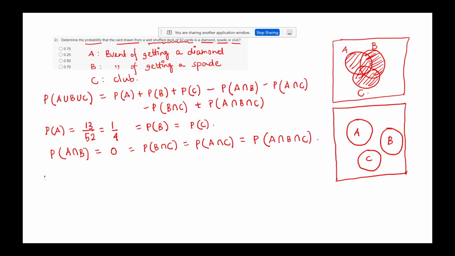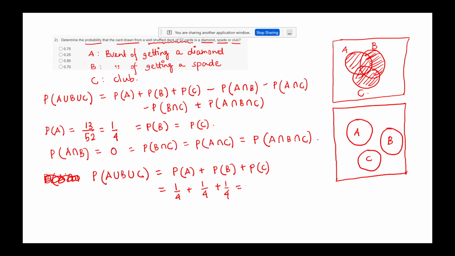So the total probability P of A union B union C becomes P of A plus P of B plus P of C, which is 1 by 4 plus 1 by 4 plus 1 by 4, that is 3 by 4, or 0.75.